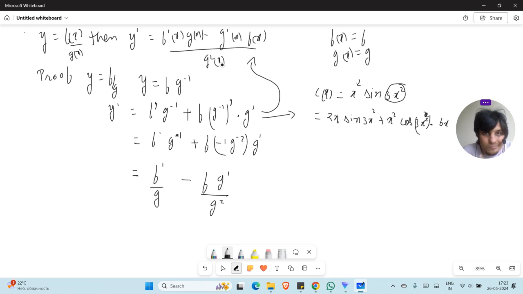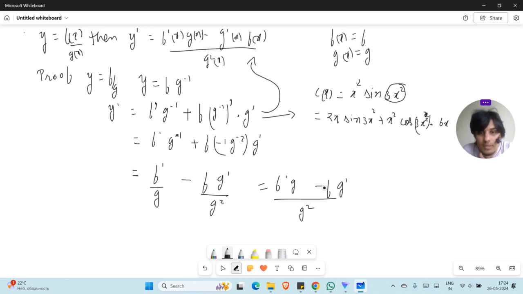Now I need to make it look something like this. We see here we have a g square, and if I multiply this term above and down by g, I get f prime g minus f g prime upon g square, right?